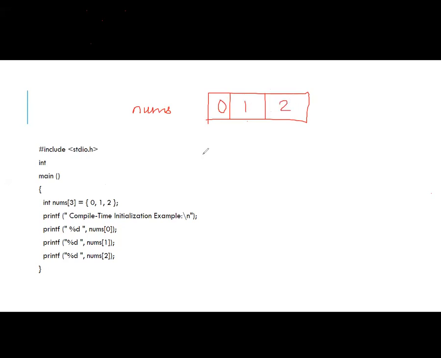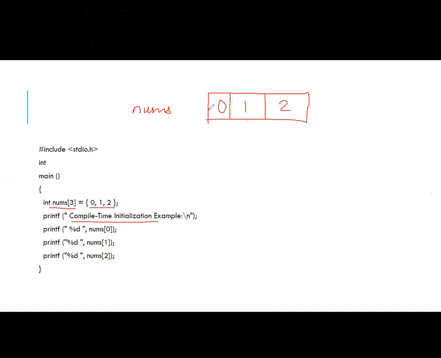I want to print these values 0, 1 and 2 as the output. So this you have done as a compile time initialization. Here you have already initialized the array at compile time. That means when you are compiling the code, your array has already been initialized with some values.